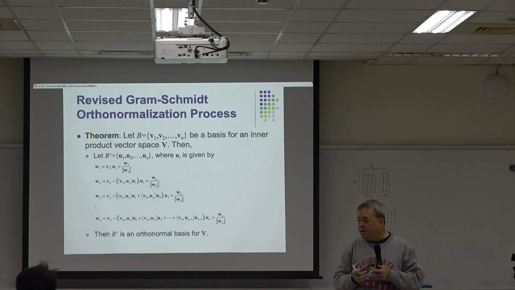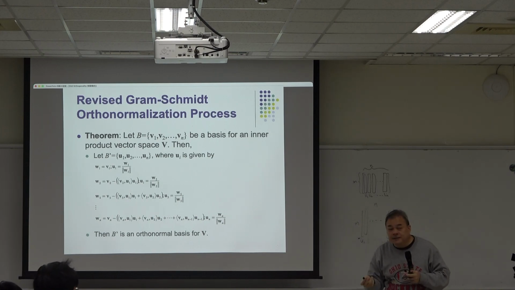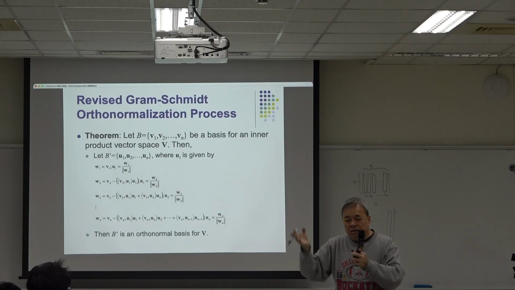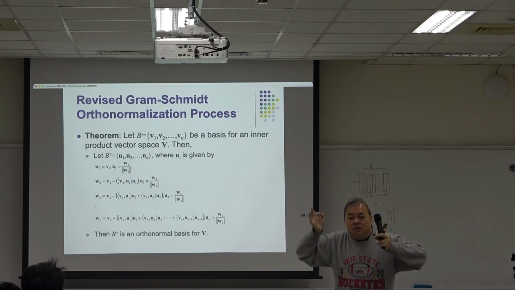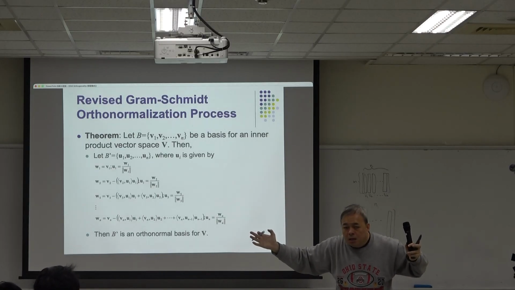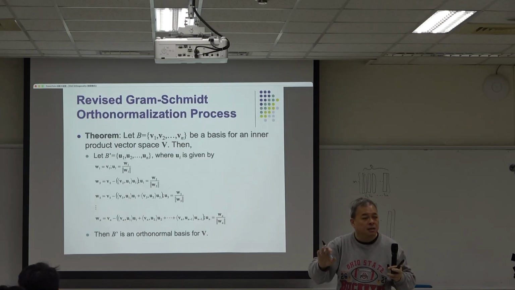This is m by n, and this is also m by n, by the way. Any question about that? These two sets of vectors are generating the same column space, right?